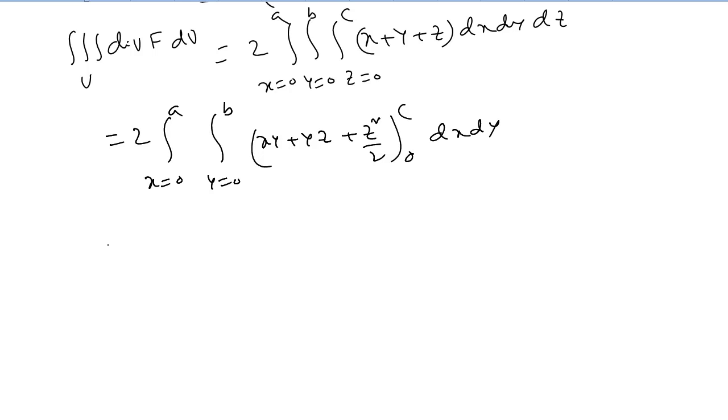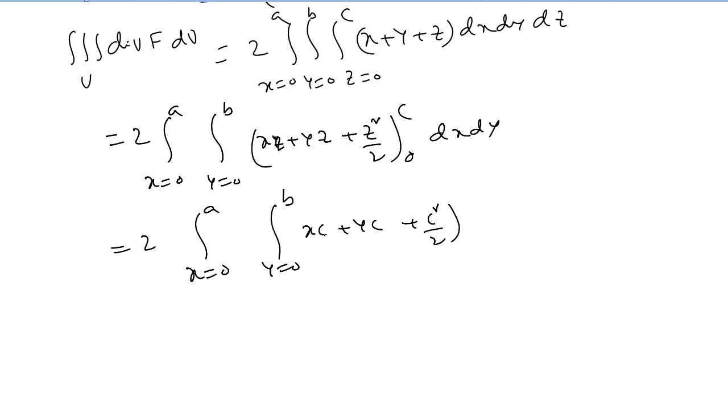Now substitute z equals c: 2 times the integral of xc plus yc plus c square by 2, now dy dx.